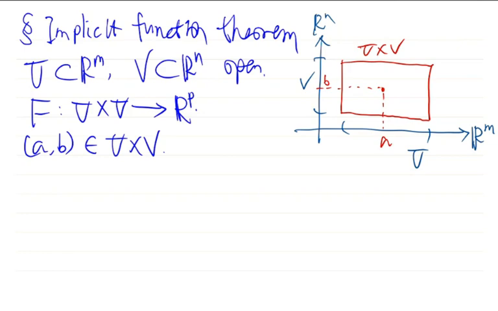Given this map, we have a map defined on V. This map will be denoted by F2 from V to Rp. We can define the map defined only on V. How is this map given?